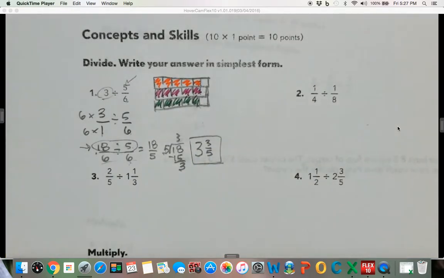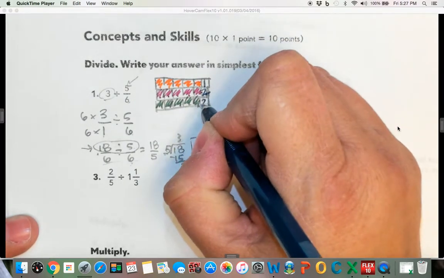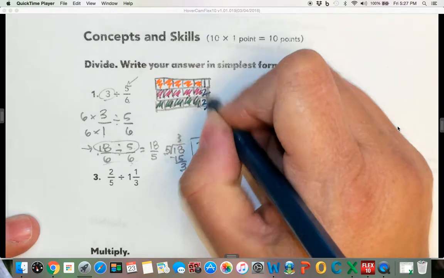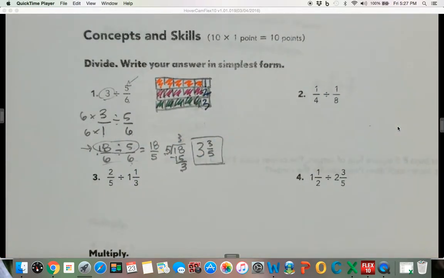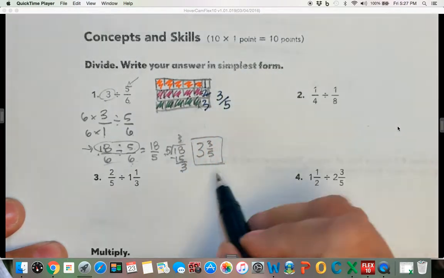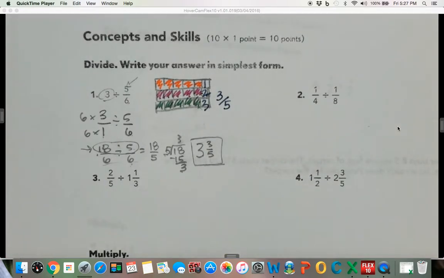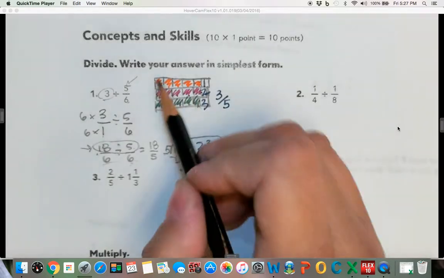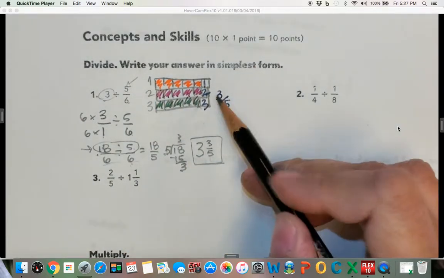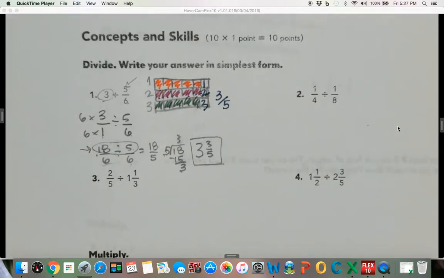What I have left is a piece here, a piece here, and a piece here. 3 pieces out of the 5 I'm supposed to be grouping. I have 3 out of the 5, and that's where this number comes in. 3 groups, and 3 out of the 5 pieces. 3 3/5. So you can see it in picture form and in mathematical form.